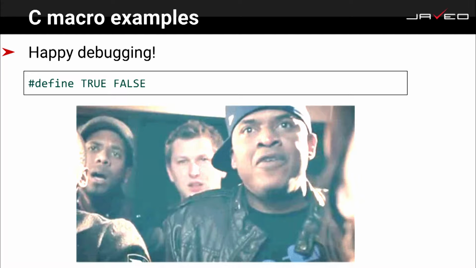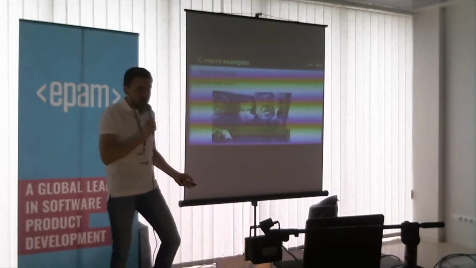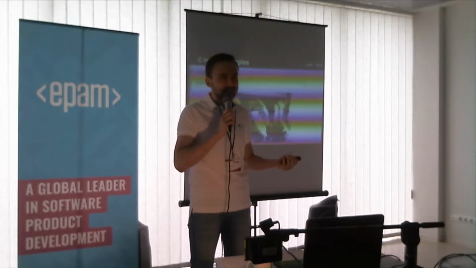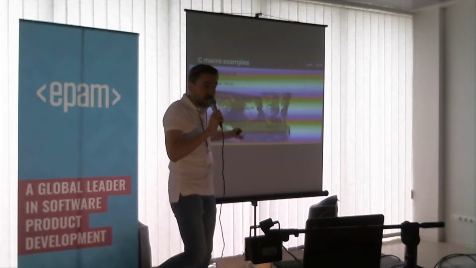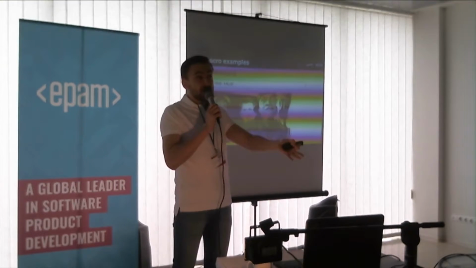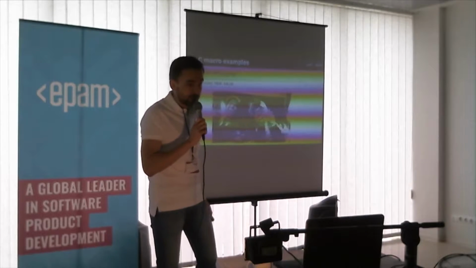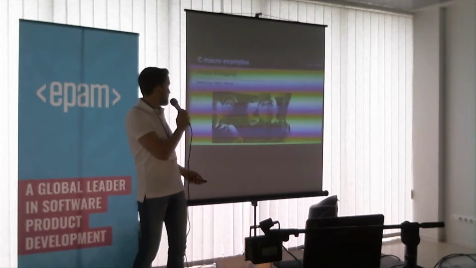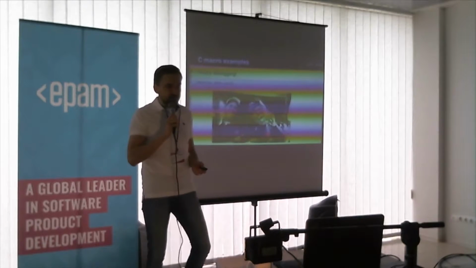But this is valid and possible to do, and this might be your reaction when you see this code. This is an example of C macro weakness, because it gives you a lot of power, but with a lot of power comes great responsibility and so on. But they are kind of primitive macros. So this is an example answer to the question of why metaprogramming is so controversial.